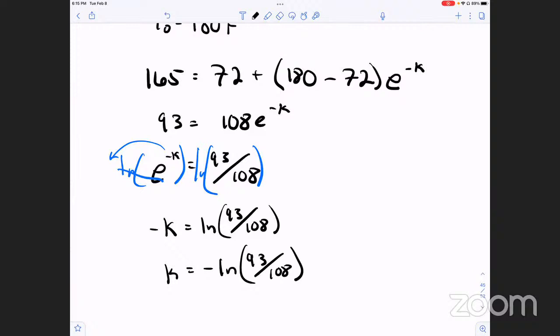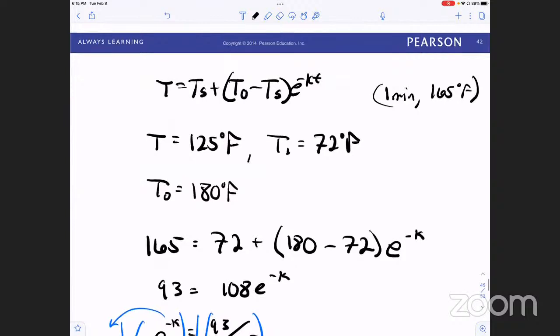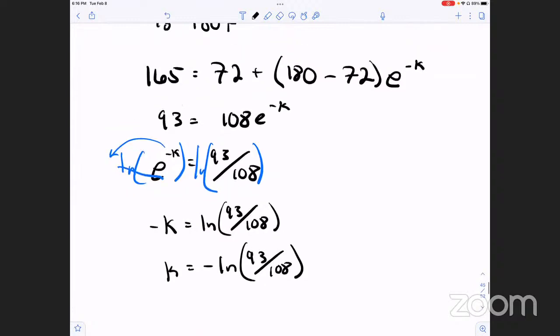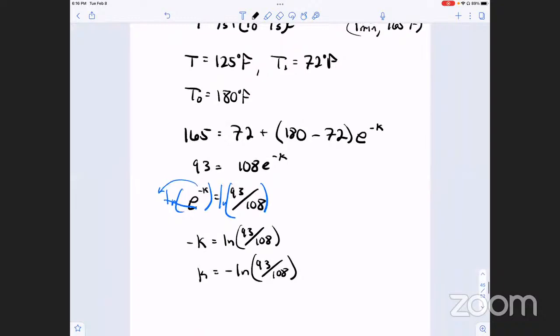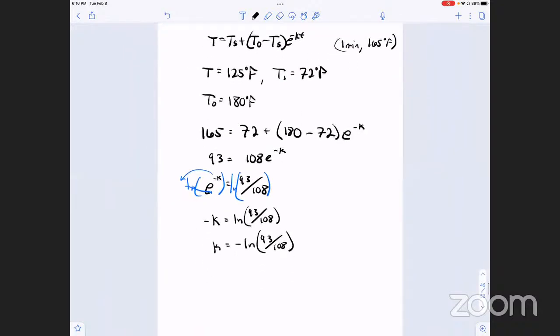Now we can go back and use the desired temperature of 125.